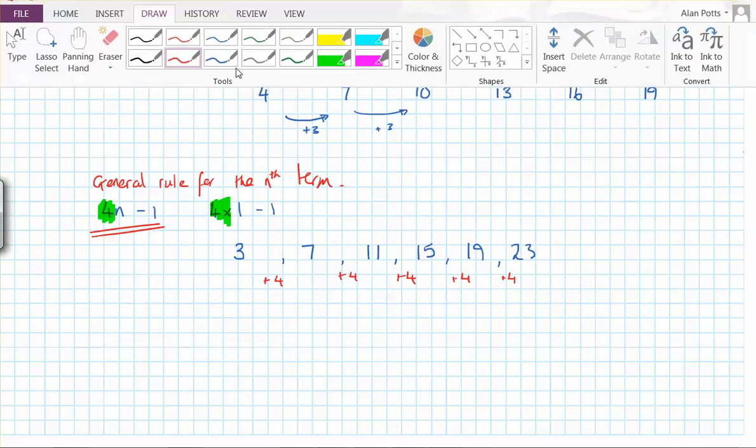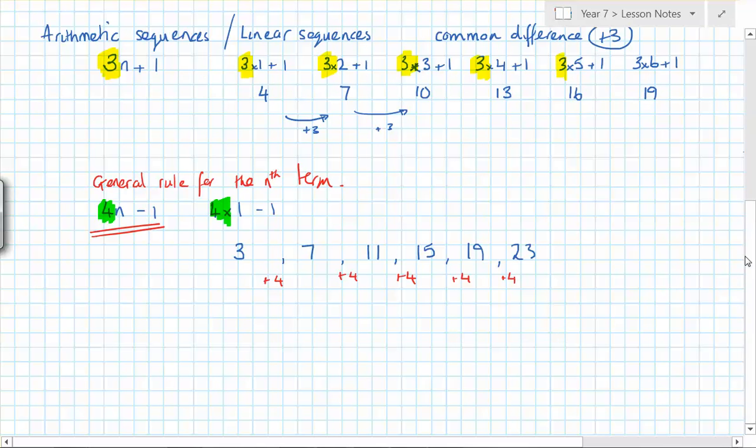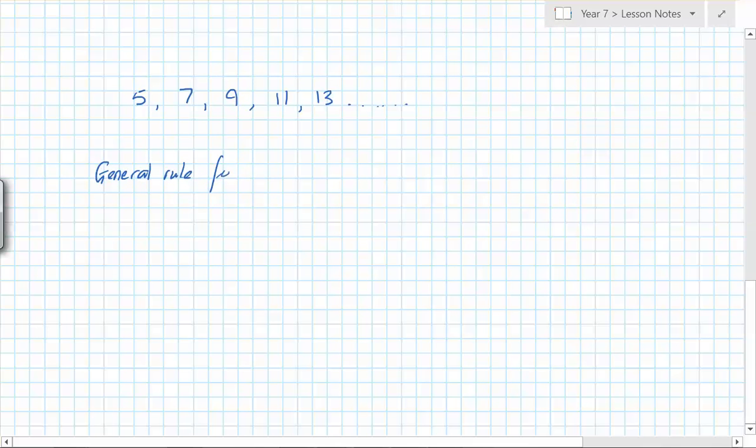If I, for instance, gave you a sequence like 5, 7, 9, 11, 13, and so on, and I asked you to write down what you think the general rule for the nth term was, with explanation, what would you have to do?